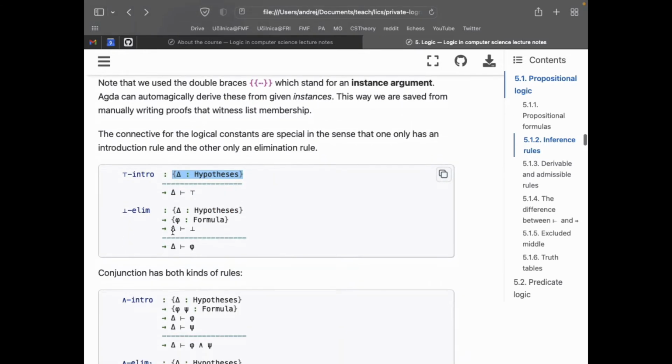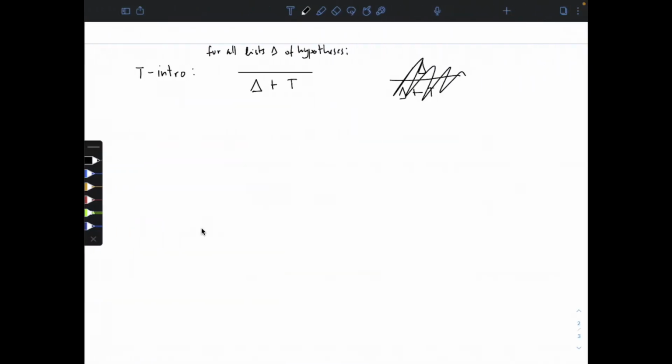So the next rule makes this clear. It says, given any set of hypotheses delta, or any list of hypotheses, and any formula phi, if you can prove this premise, so writing this rule now will be like this. If you can derive false, then you can derive phi. From false, anything follows.